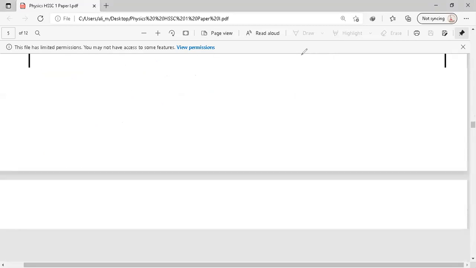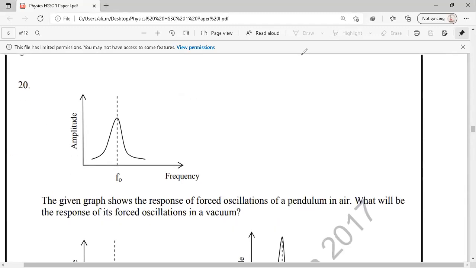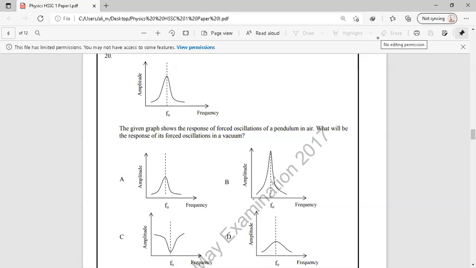Next question is question number 20. In this question, we have a graph of amplitude and frequency of a vibrating body, and the vibrating body in this graph is a forced oscillation of a pendulum in air. What will the response of this forced oscillation be in a vacuum? We know that in air we have air resistance that will oppose the motion of our swinging pendulum.